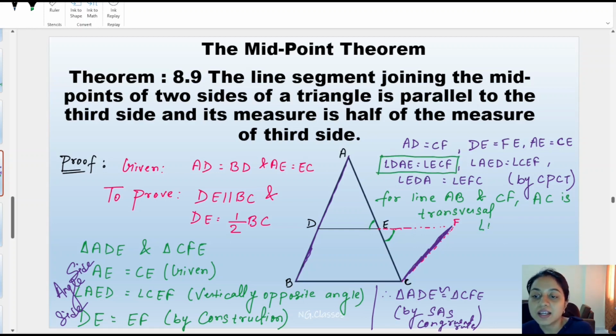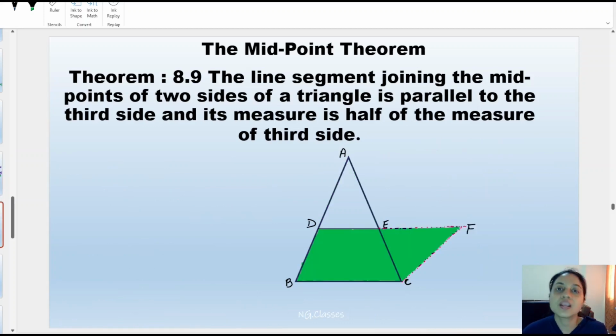Let's write it here. Angle DAE is equal to angle ECF for the lines AB and CF. If AC is a transversal, then angle A and angle C are alternate interior angles and both are equal to each other. Therefore, AB must be parallel to CF. So we know that AB is parallel to CF. Hence, DB must be parallel to CF.